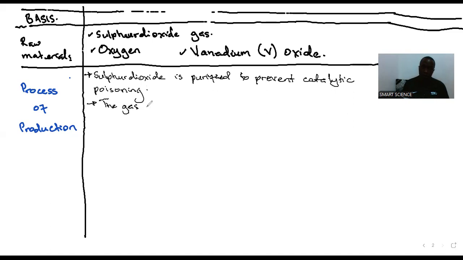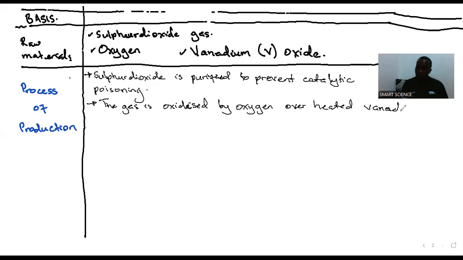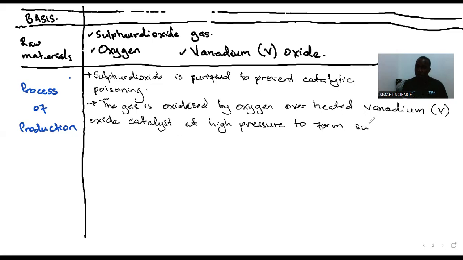The gas is oxidized by oxygen over heated vanadium(V) oxide catalyst at high pressure to form sulfur trioxide gas.